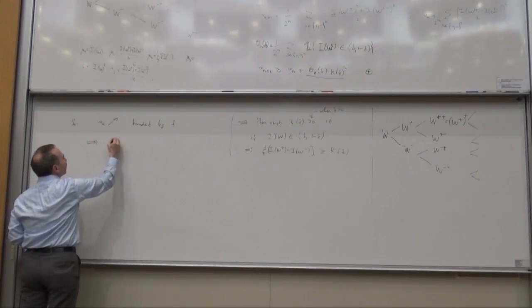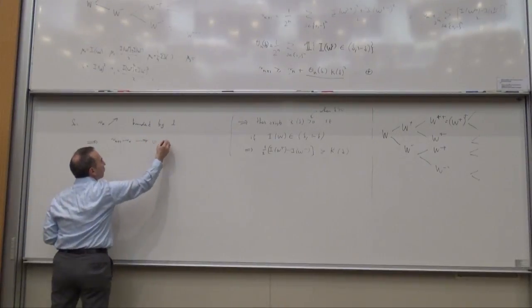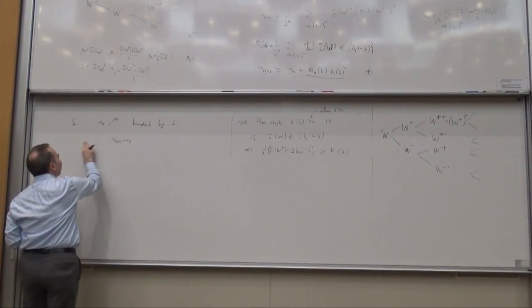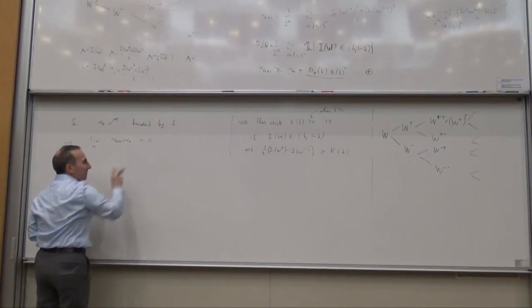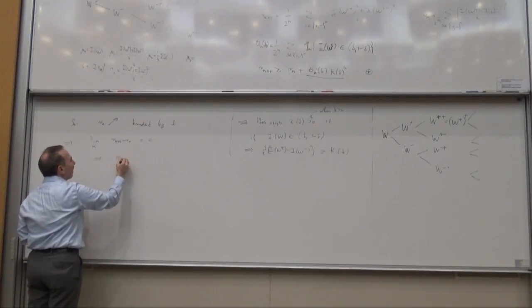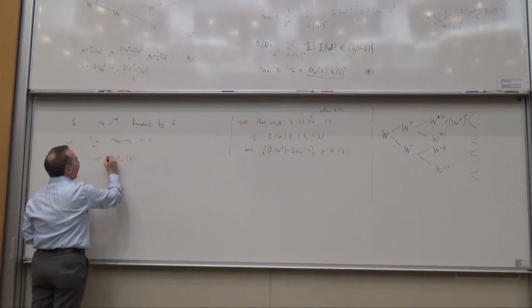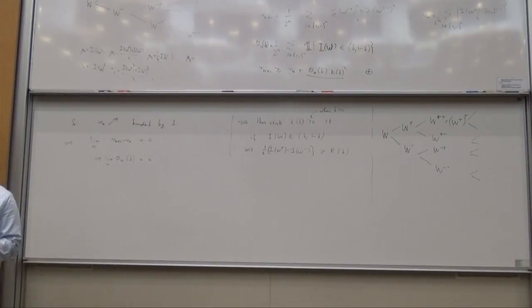This implies theta n goes to 0 as n gets large. This is 0. So this means that, for a fixed delta.